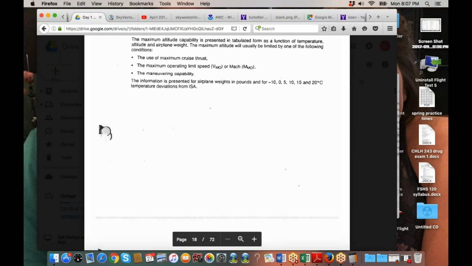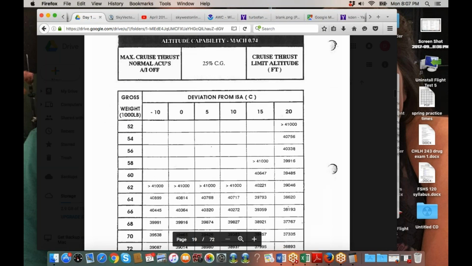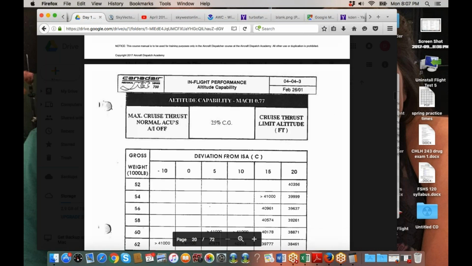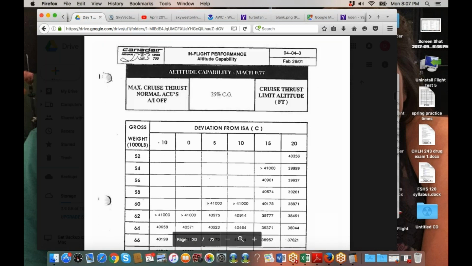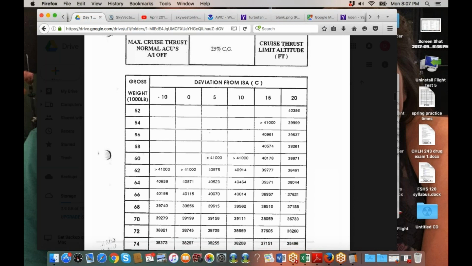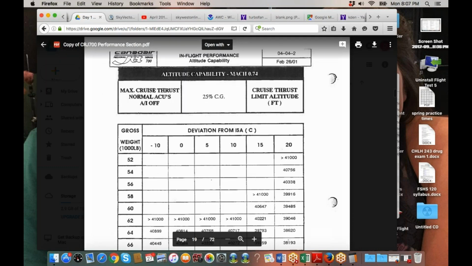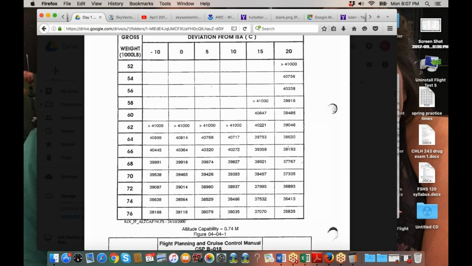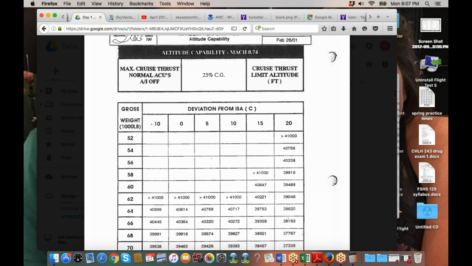We're also going to go over some of these charts that are on here. Okay, so these actually are kind of cool.